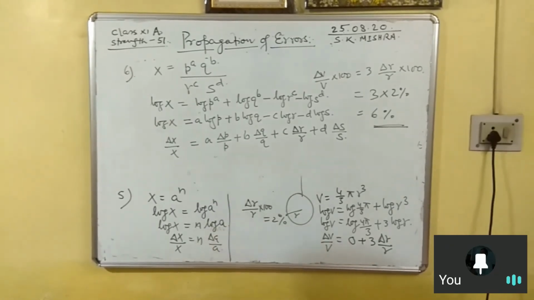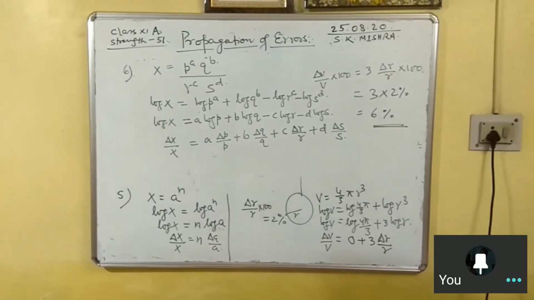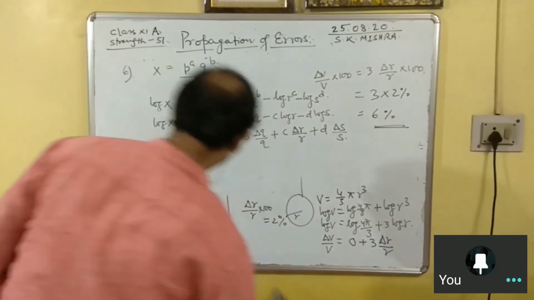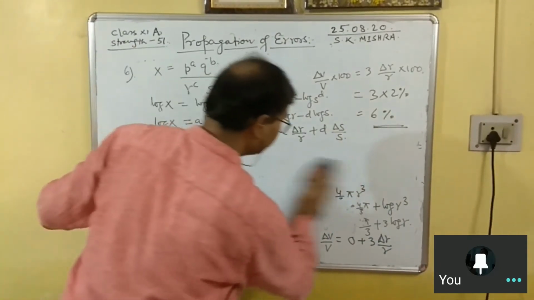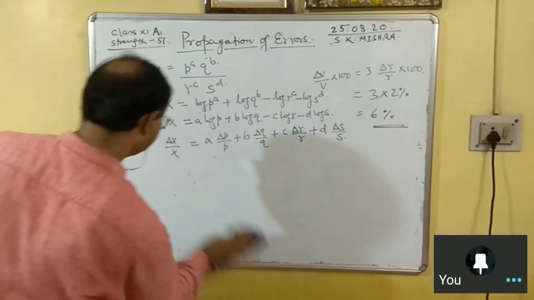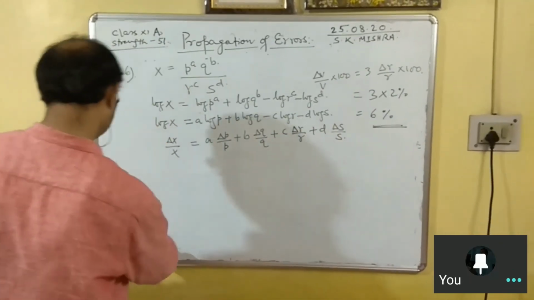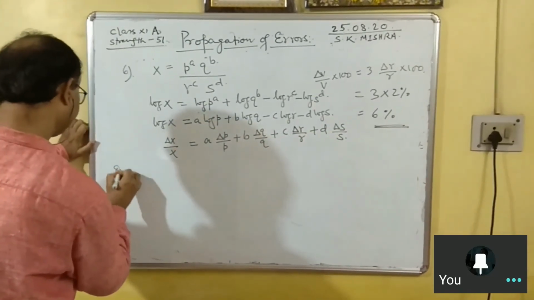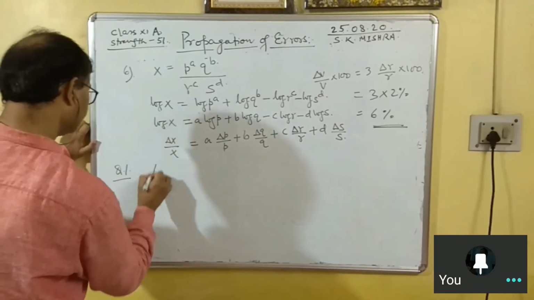Okay. Now we will solve some problems based on this formula. Now you have two temperatures. You have measured the temperature of a body. Suppose we are dealing with T1.